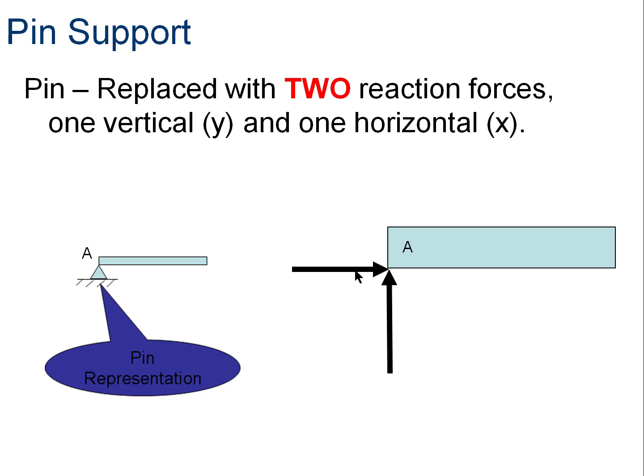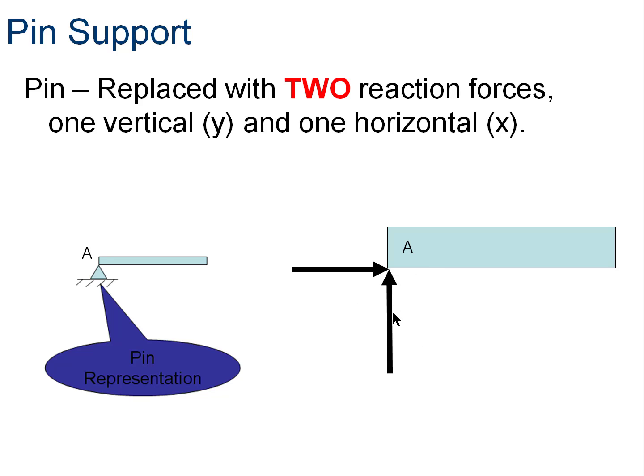A pin support is represented by this little triangle down here. And the little symbol here with the tick lines, that just means that it's grounded. So the pin is fixed to something permanent. So when I say there's a pin at point A, it just means that point A is supported by two directions, both lateral or back and forth X and up and down or Y forces.